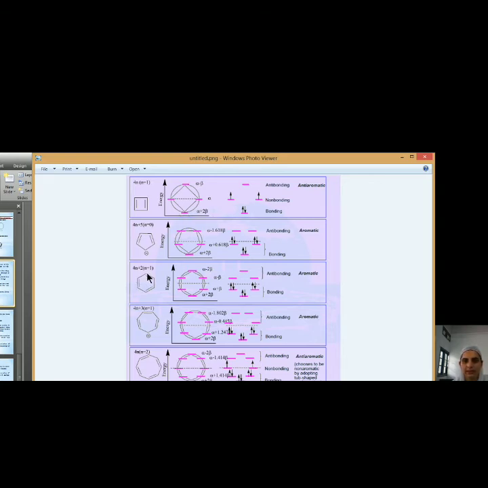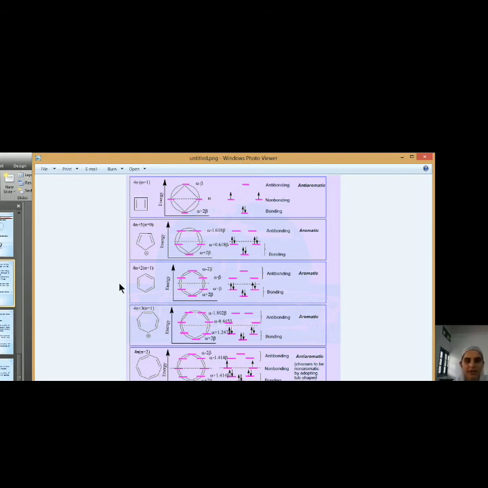Similarly, in the 4n plus 2 system, these are the pairs of degenerate orbitals and we have one lowest and one highest MO. In this case also, in an even membered system, these are the pairs of orbitals and we have one highest and one lowest orbital.